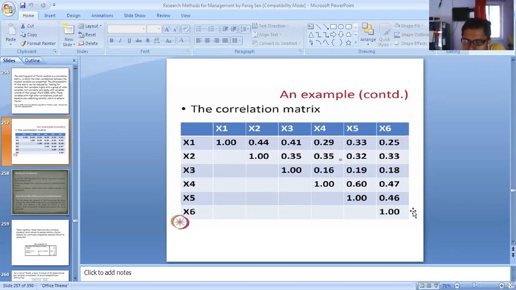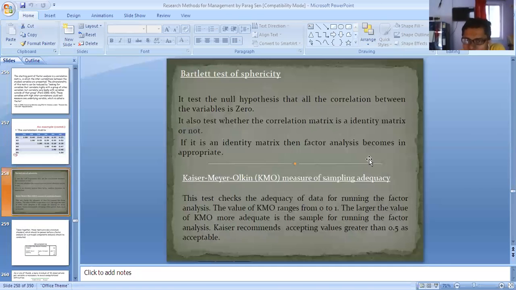If it is an identity matrix, then the confirmatory factor model is not appropriate.